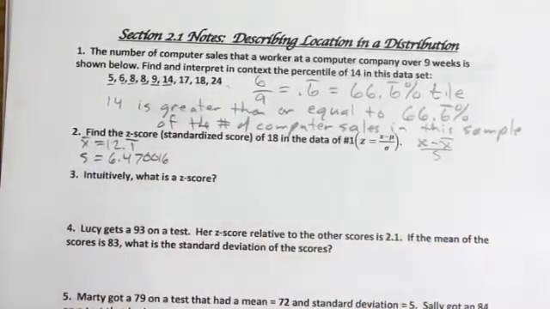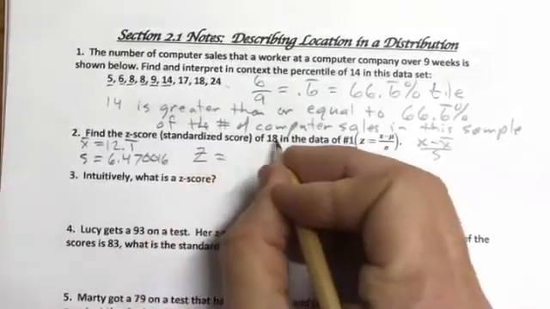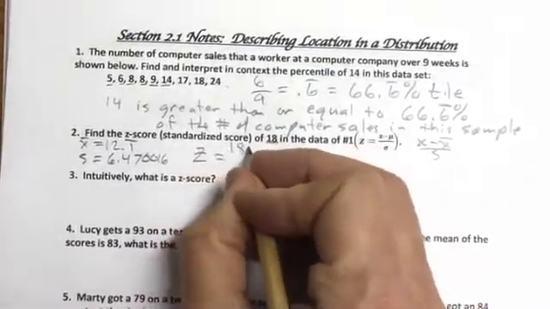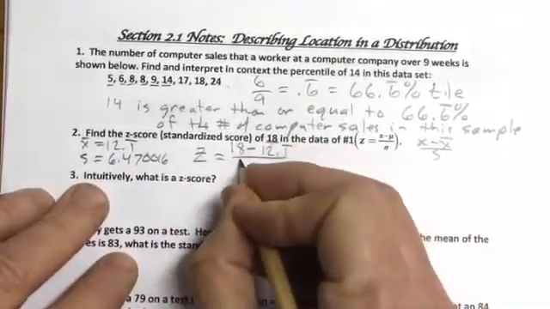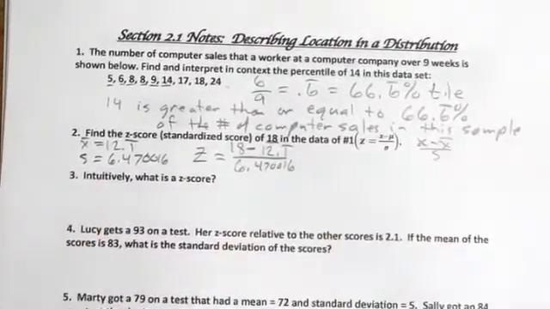So to find the z-score, we use this formula. That formula is not on your formula sheet. You've got to memorize it. So it's a relatively simple thing. You just say z is equal to our x value, which is just a given value, 18, minus 12.1 repeating over 6.470016. And so let's see what that is.